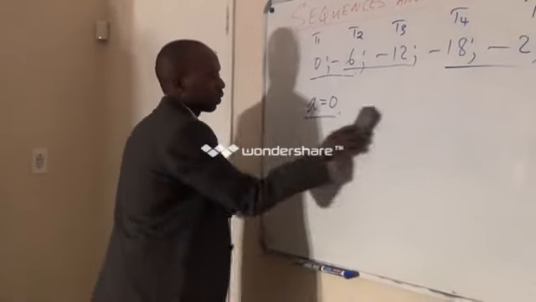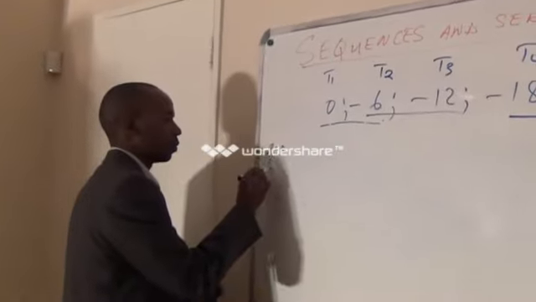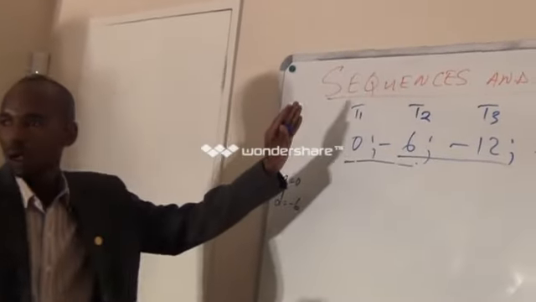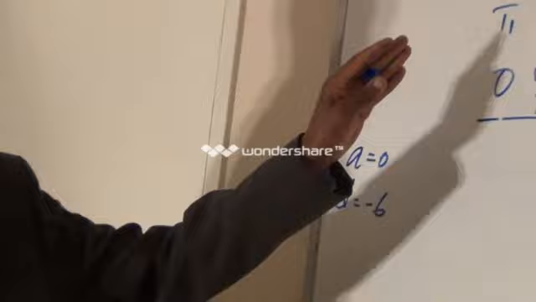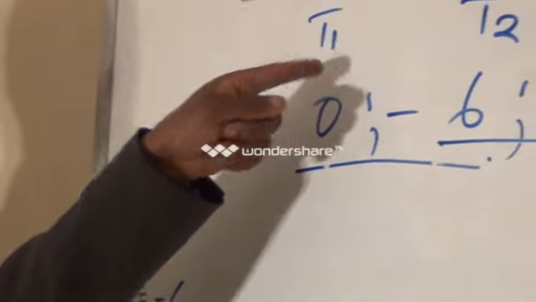Now, as we have been doing with the other sequences we've worked with, it's always very prudent to have an idea of our n. We say n is always the subscript on your term.